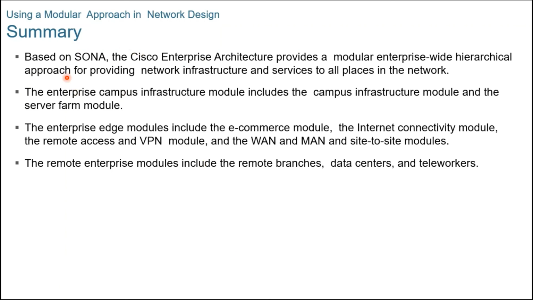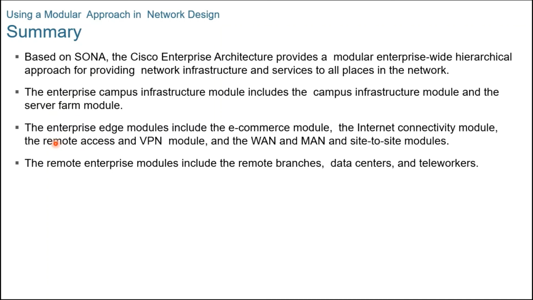To summarize, based on the SONA, the Cisco Enterprise Architecture provides a modular enterprise-wide hierarchical approach for providing network infrastructure and services to all the places in the network. The Enterprise Campus Infrastructure module includes the Campus Infrastructure module and the Server Farm module.